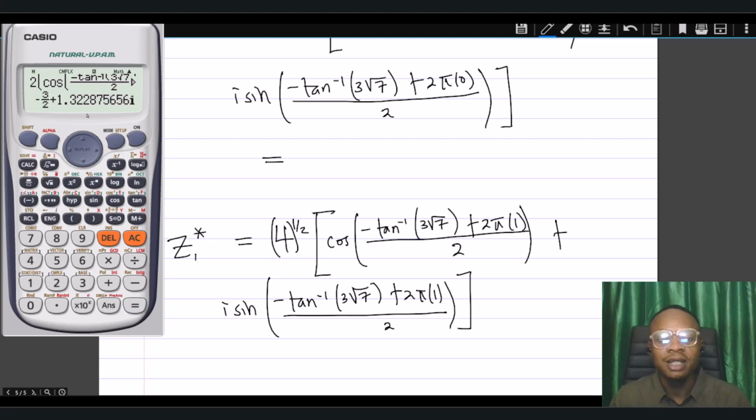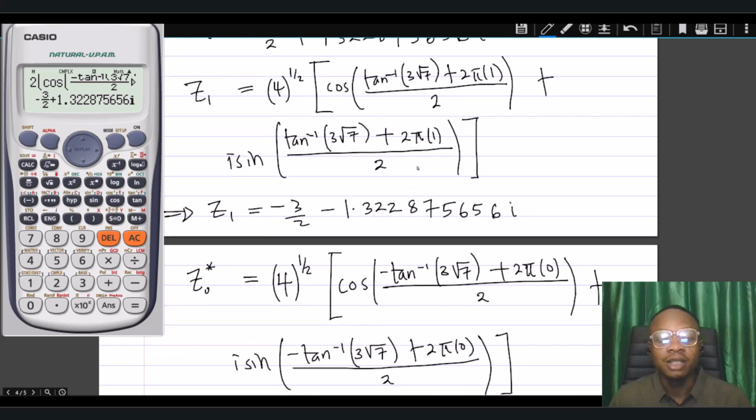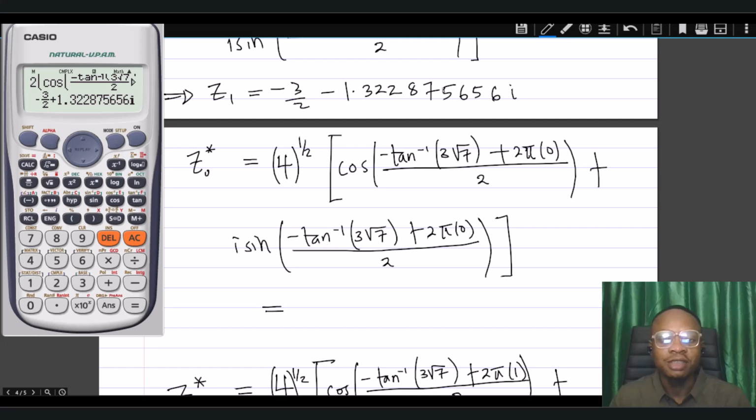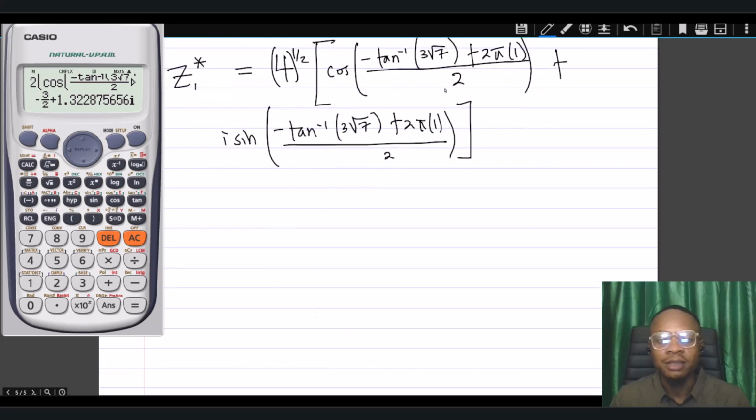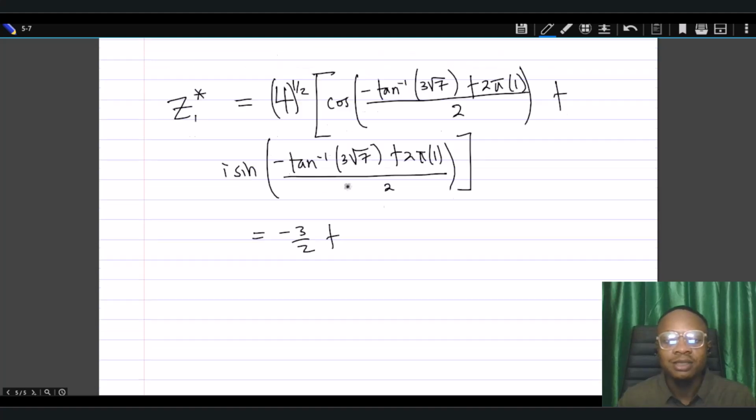So as expected, that is the conjugate of this result. So that's the conjugate of the second one we obtained here as expected. So that is for this. Though we have just done this with 2 pi, we can see there's 2 pi there. So that's the second result that we just obtained. So this is minus 3 over 2 plus, what is this thing here again?